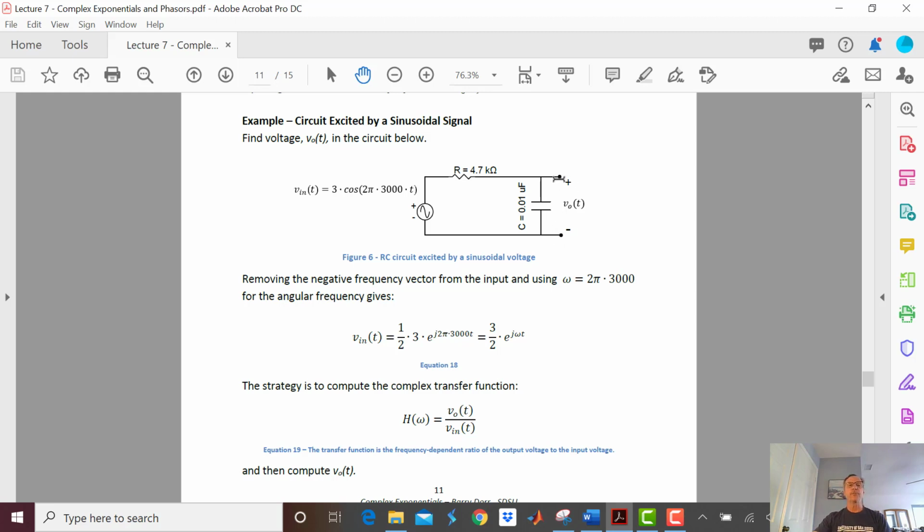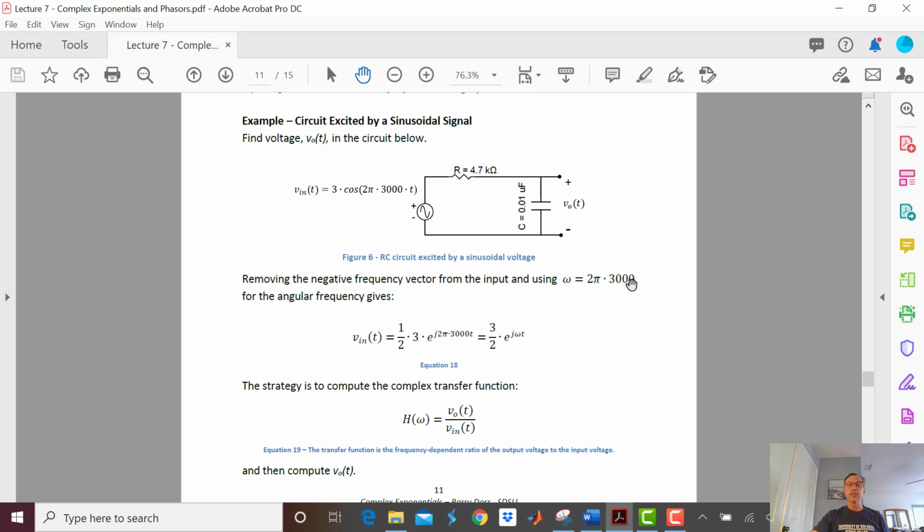So we want to find the output voltage. What we're going to do is remove the negative frequency vector from the input, and using omega equal to 2 pi times 3000, right? 2 pi times the frequency in hertz.